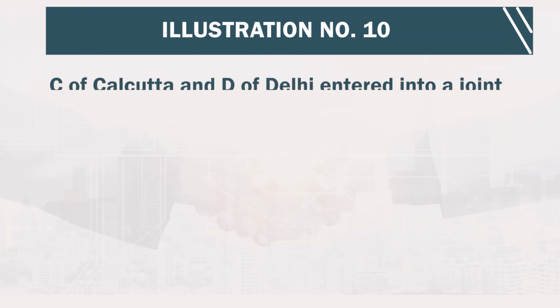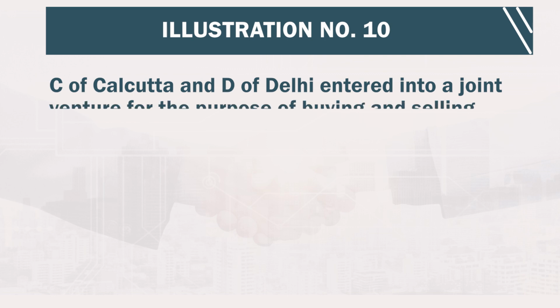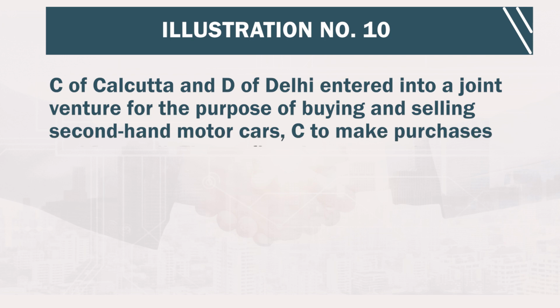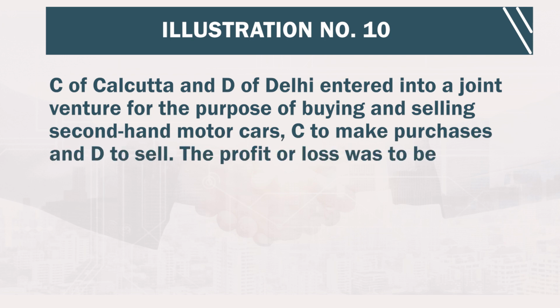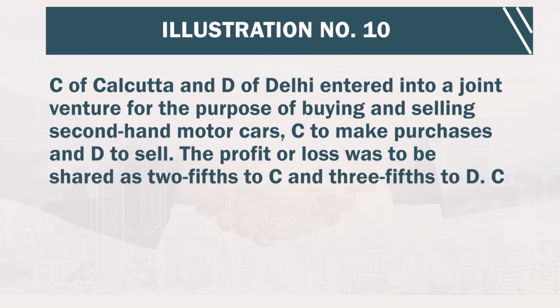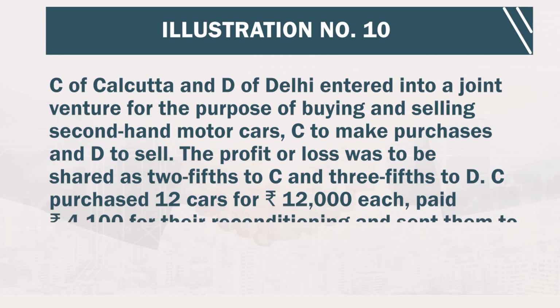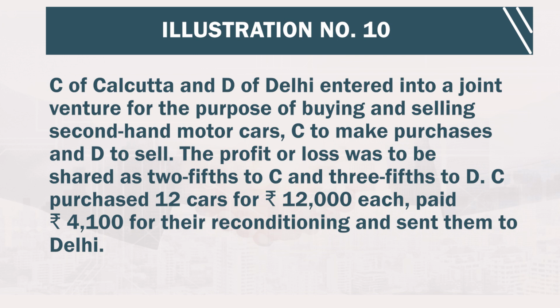C of Calcutta and D of Delhi entered into a joint venture for the purpose of buying and selling second hand motor cars. C makes purchases and D makes sales. The profit and loss was to be shared as 2/5 to C and 3/5 to D. Purchased 12 cars by C for rupees 12,000 each, rupees 4,100 for their reconditioning, and sent them to Delhi.